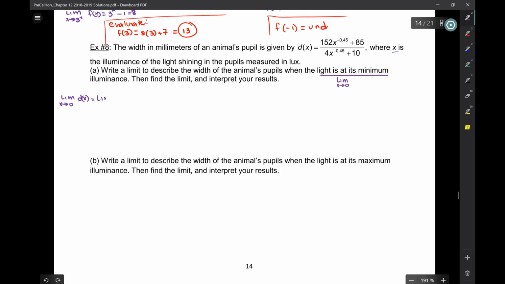So this is the limit as X approaches 0 of that function. It's an actual equation. I'm not sure for which animal, but it's an actual equation. Now I need to evaluate this.